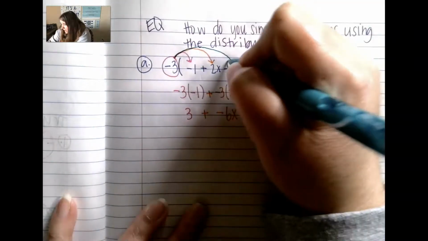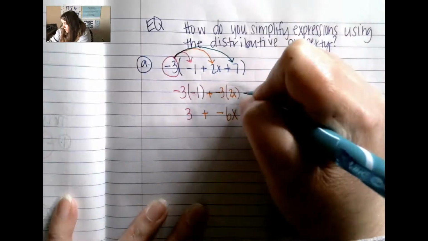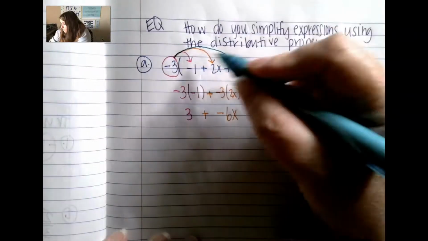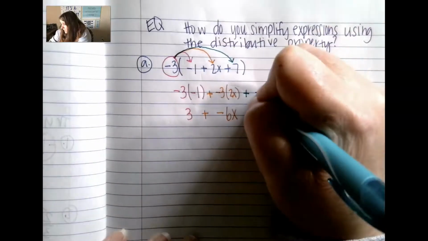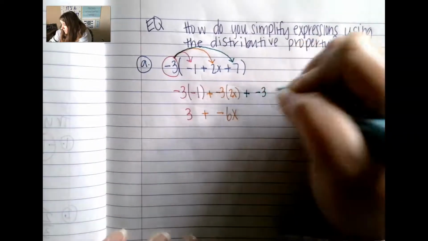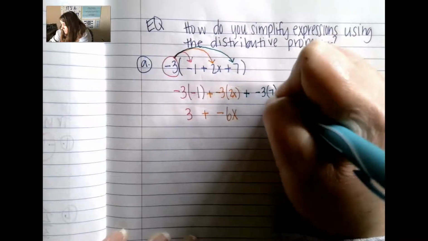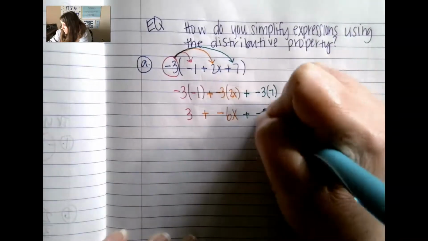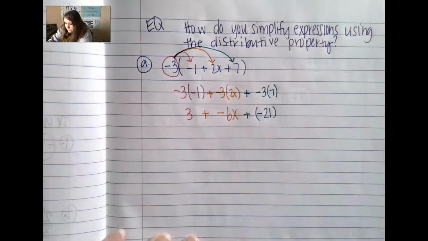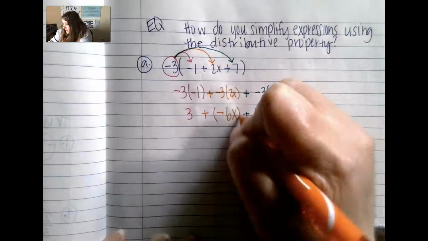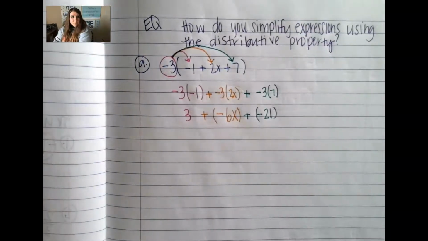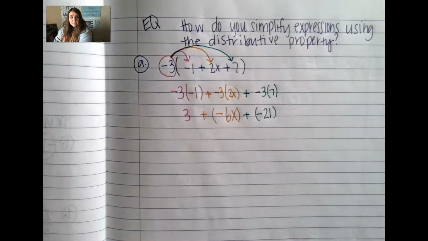So we have another arrow to multiply by. And this one we're adding a -3 times positive 7. So -3 times a positive 7, which gives us a -21.